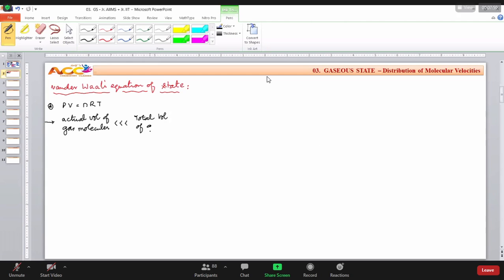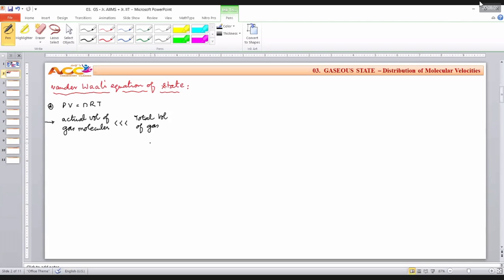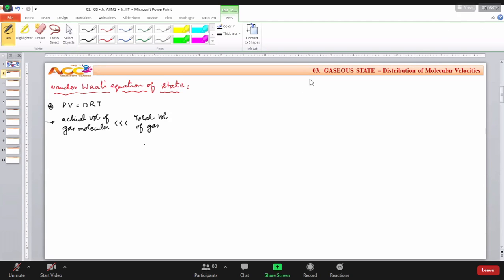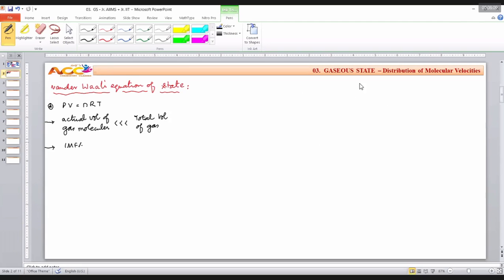There is no need to say total also, because we know that the volume of gas is equal to the volume of the container, right? The next problem was that intermolecular force of attraction is equal to 0, right? In our natural conditions, these two statements are not found to be valid.